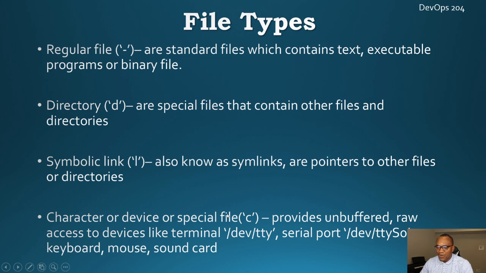And when you see c, those are character files. I told you in one of our last lectures that character files transmit data character by character. You will see an example of them in /dev.